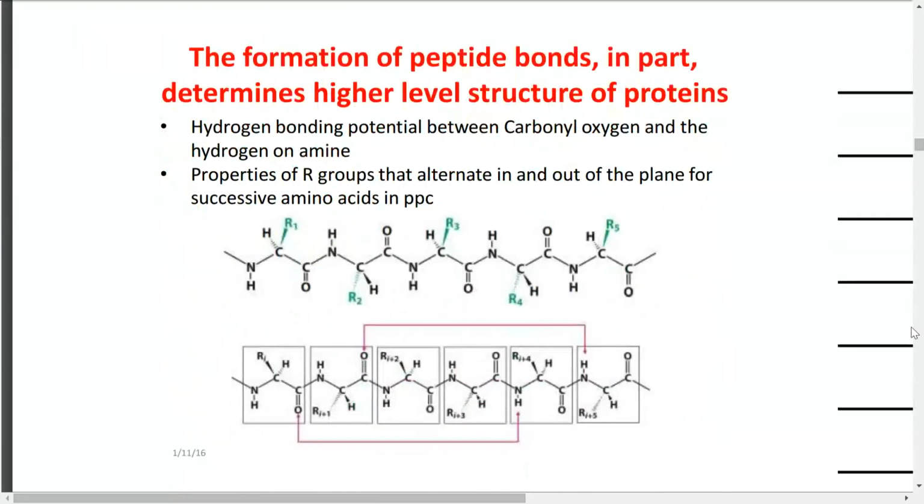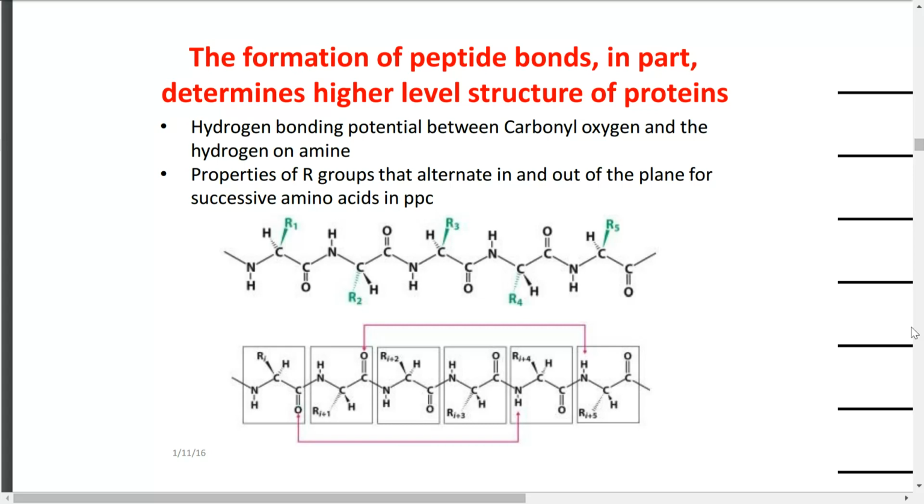If we look at either one of these, with an alpha helix, we have to go 1, 2, 3, and a little bit, roughly 3.4 amino acids, so that this carbonyl oxygen interacts with this hydrogen on this amide. Then the next group will be this one and this one.